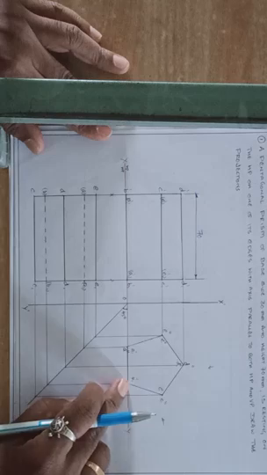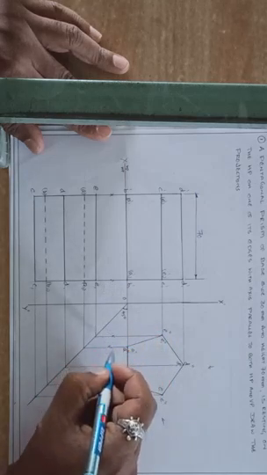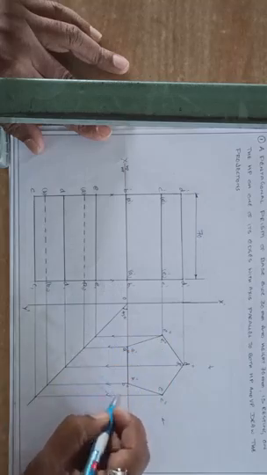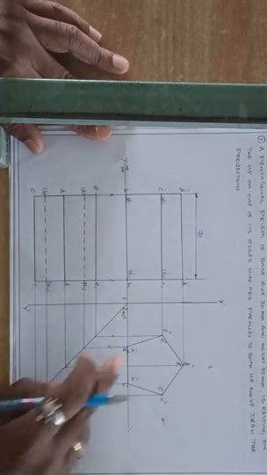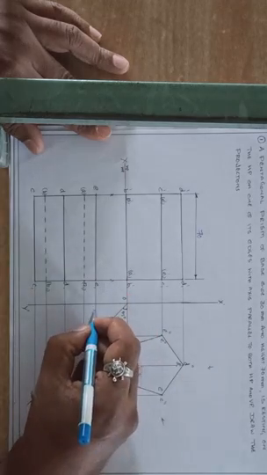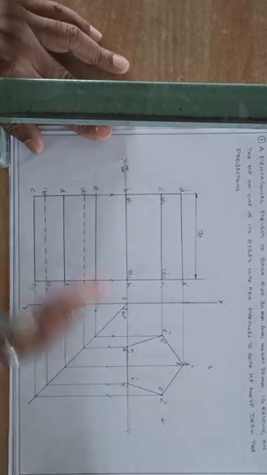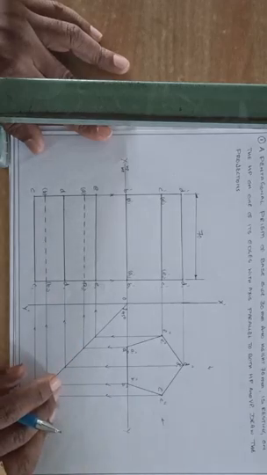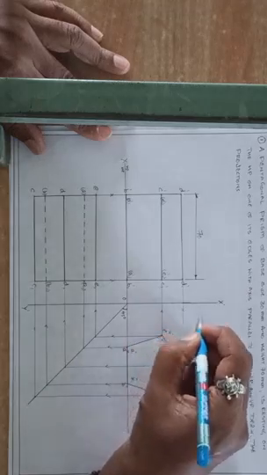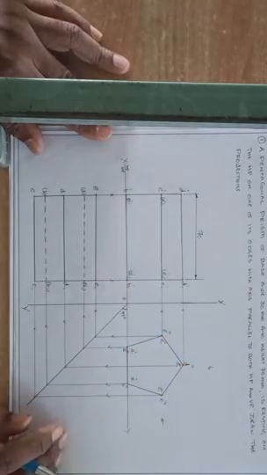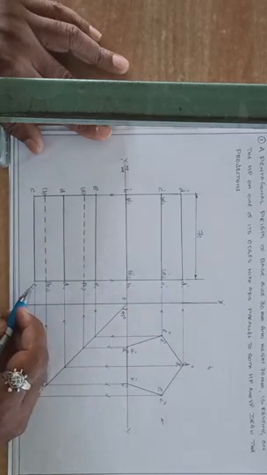So here construct the pentagon, then the reference line XY, X dash Y dash, intersection point, 45 degrees, projections downwards, then projections to the left side, then again projections to the left side to obtain the front view at a convenient distance, first line.